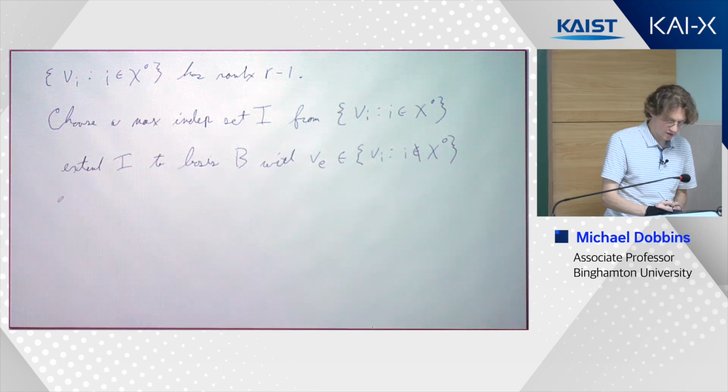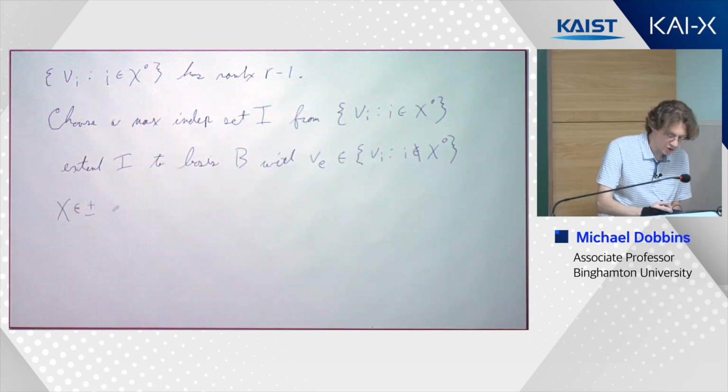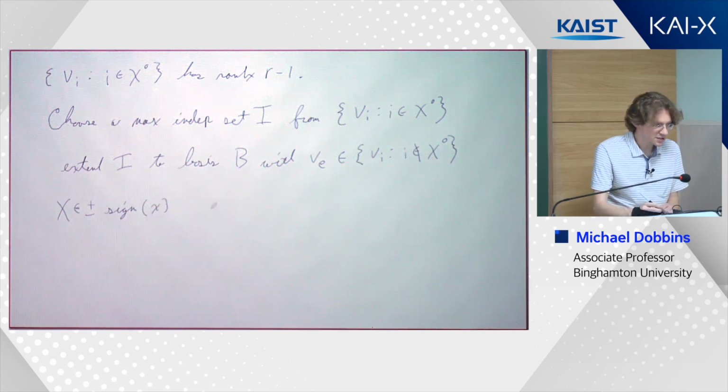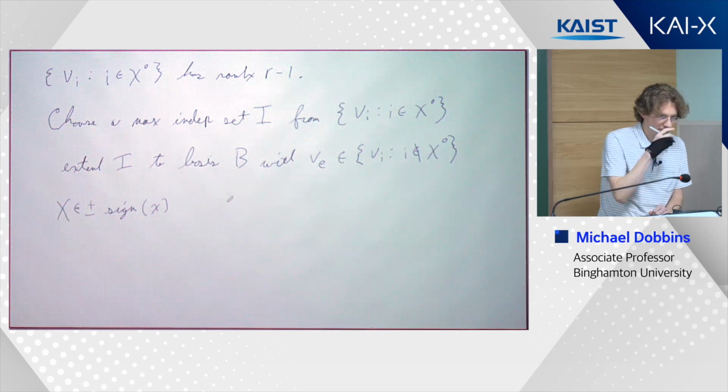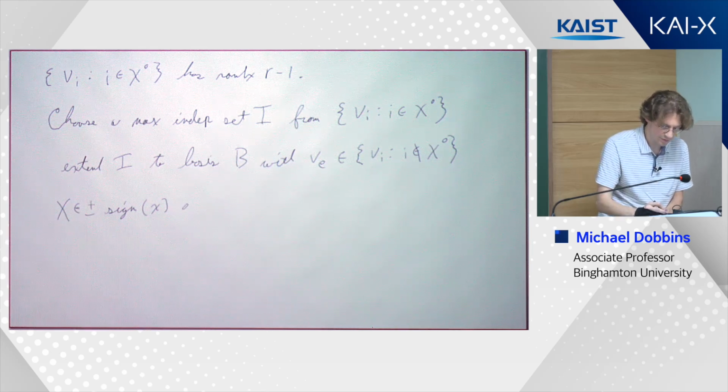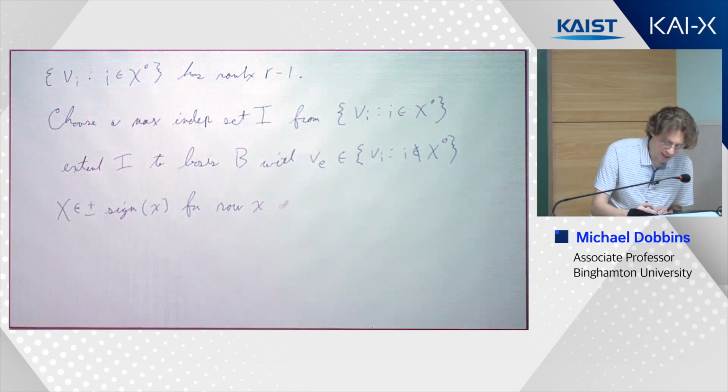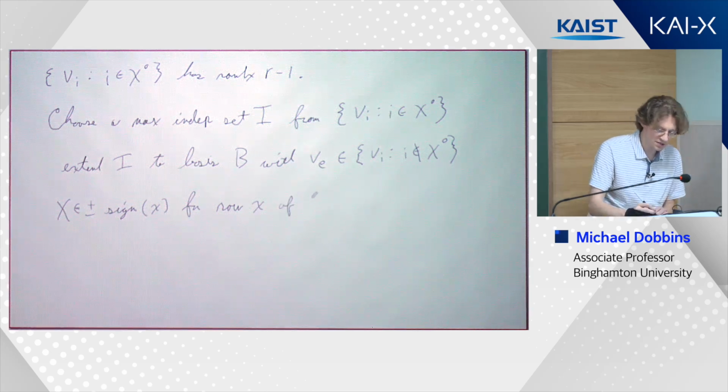And then x will be either plus or minus whatever vector we get as the row x of the reduced echelon form with respect to that basis.